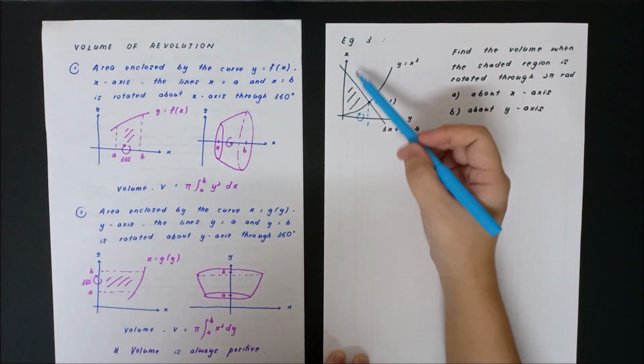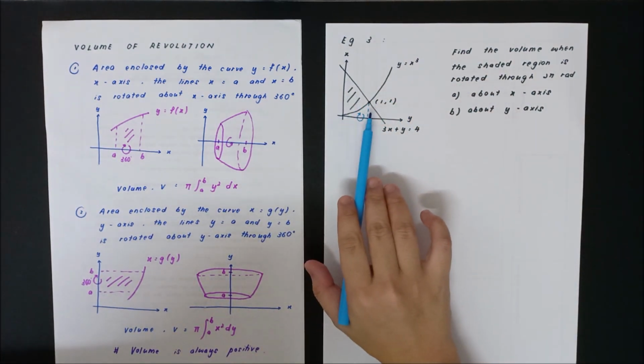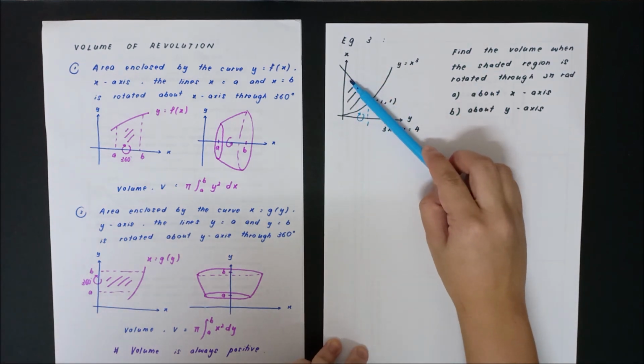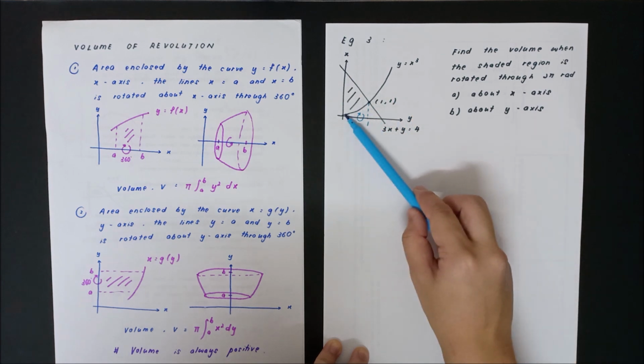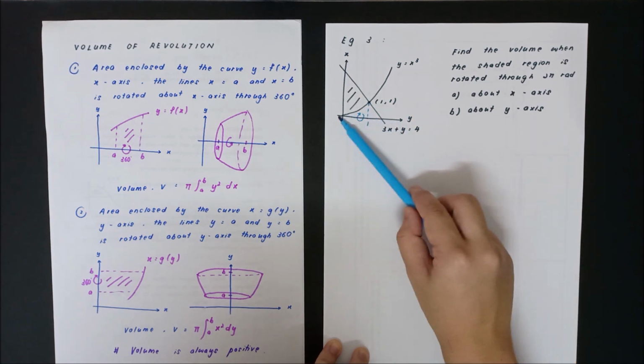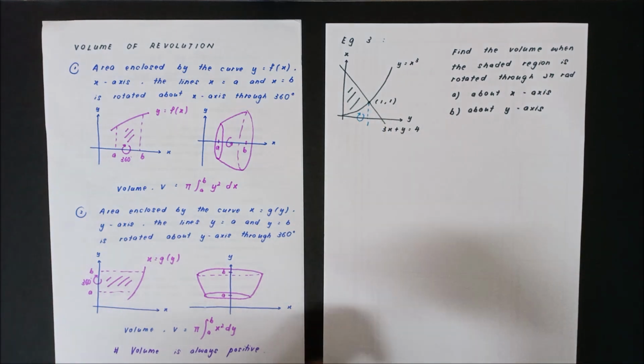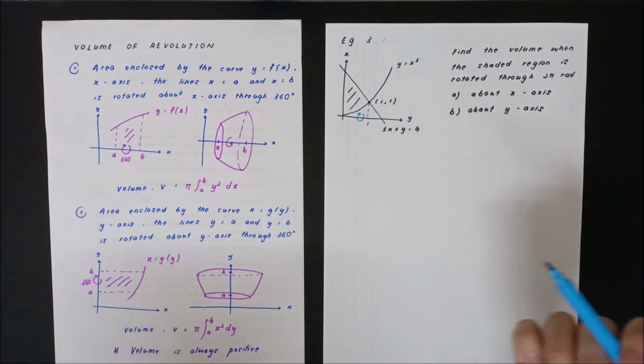So from 0 to 1 for this line, I find the volume for this one, and then I minus the region when the curve here is also rotated about the x-axis.